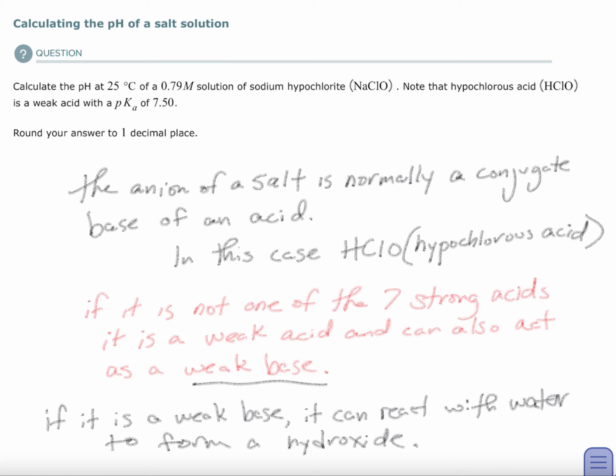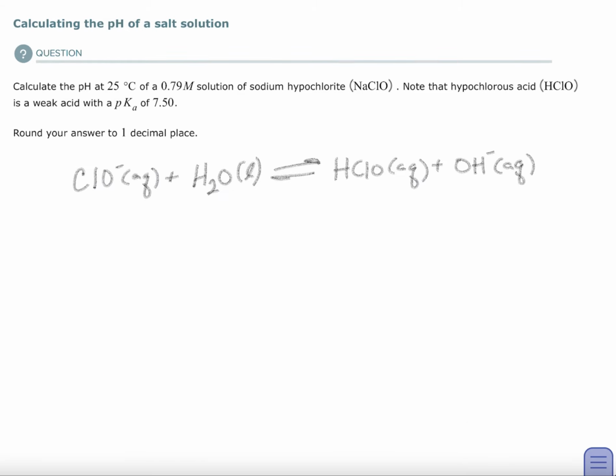It's mostly going to be whatever it started to be, but it can break down a little bit, and after equilibrium, okay, so it's an equilibrium problem again, it can produce a base. Now I hope that made some sense. So what you're doing is you're breaking down that salt, finding out what its anion is, and then assuming that anion can receive a hydrogen from water, in which case it would make a hydroxide.